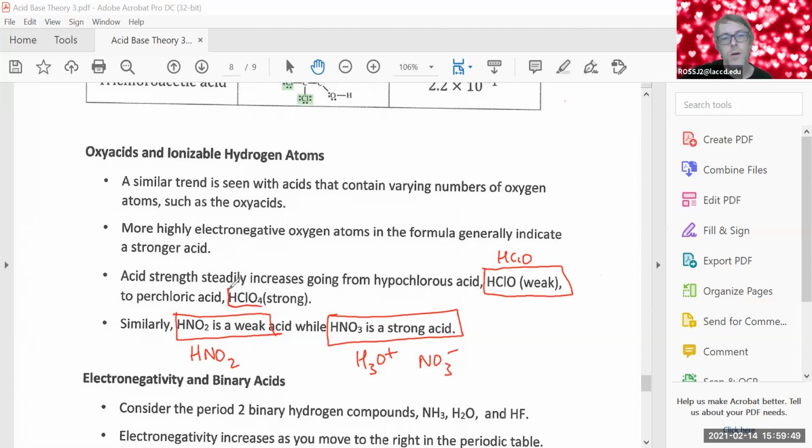It's strong because the more electron withdrawing oxygens stabilize the conjugate base. And so once that proton has been donated, there's nothing to receive it again. The predominant species here would be H3O plus, and then perchlorate, ClO4 minus.